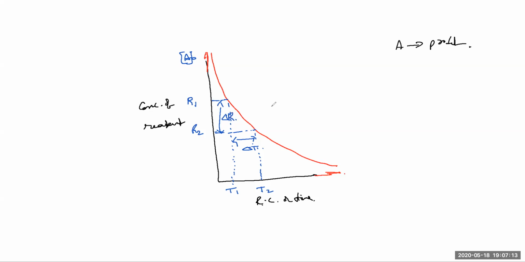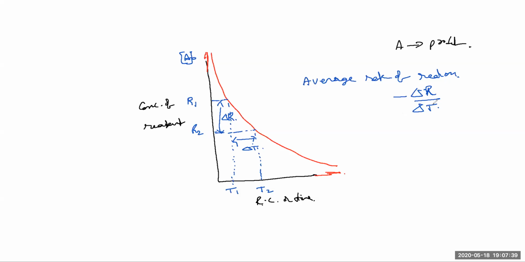So what is the average rate of reaction? Is the reactant not decreasing? That means it is minus delta X by delta T, or minus delta R by delta T. Understood, all of you?